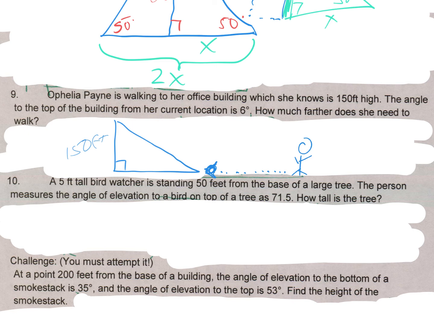Okay, bottom right. The question is asking from here, where she's currently standing, how much further does she need to walk? What are they asking for? The horizontal, the bottom here. How much further? Think about it. If you're walking to the front door, you're not walking up to the top of the building. You're walking from where you are to the front door.